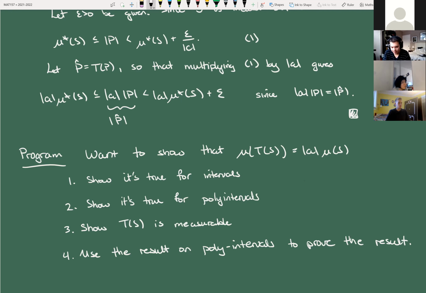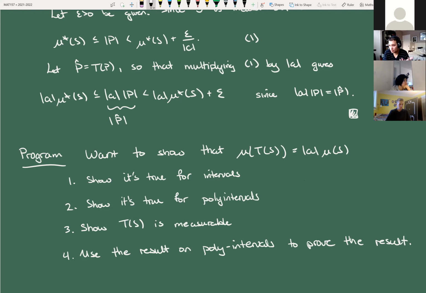I think the death comes from trying to assimilate all of that at the same time, right? So does the program make sense? The reason I really want to emphasize this is that so much of the integration chapter is this, where you can't prove anything directly because everything's defined in terms of sup and inf. So you have to prove it on the thing that you're suping and infing, right?